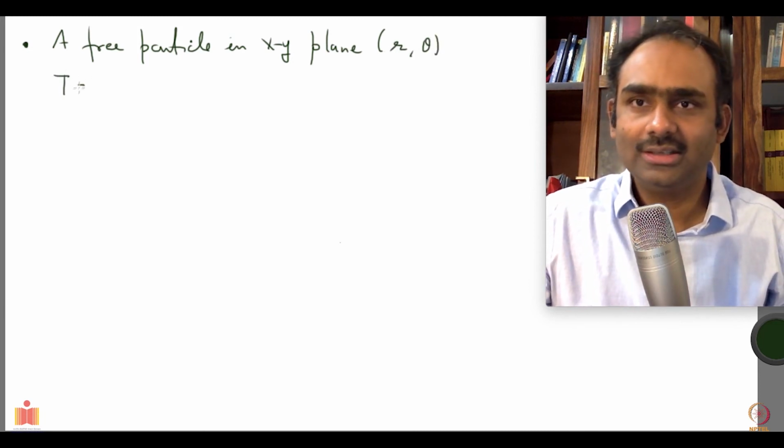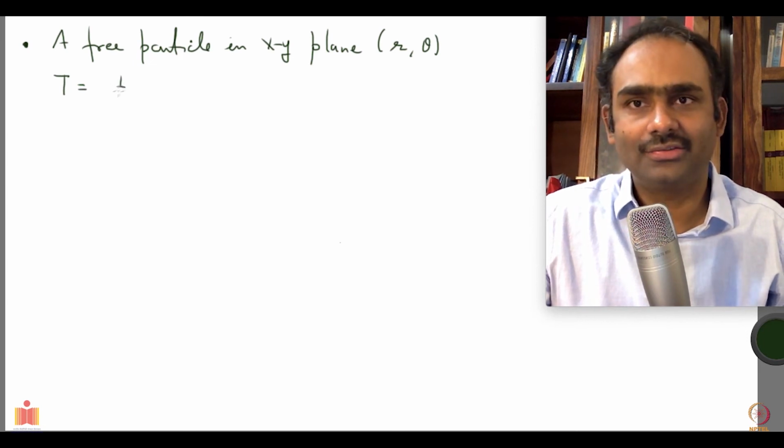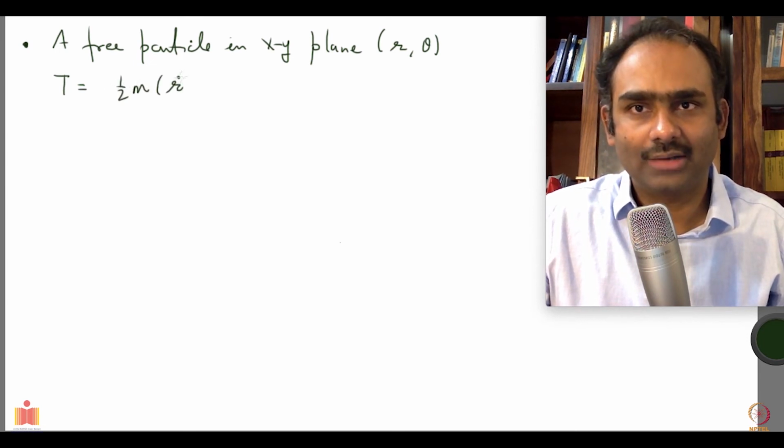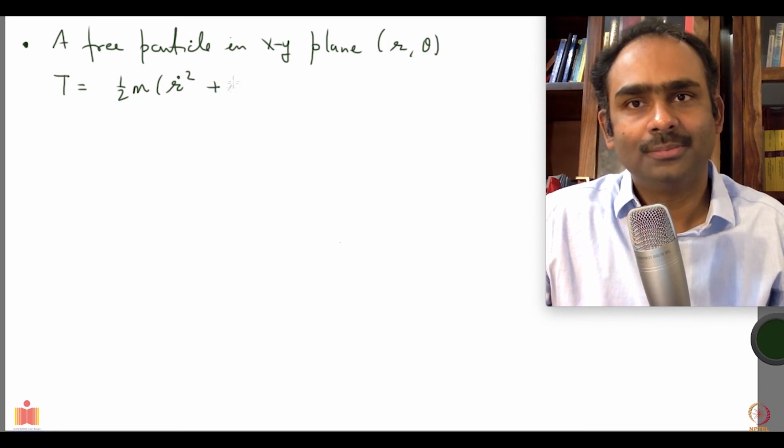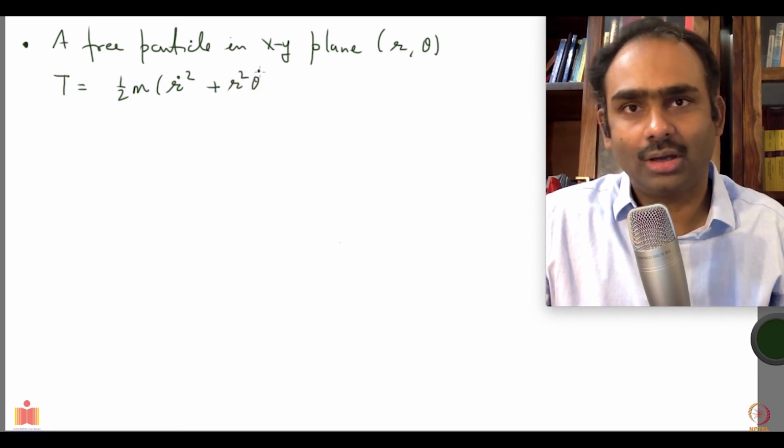We have already seen that the kinetic energy is half m times r dot square plus r square theta dot square.